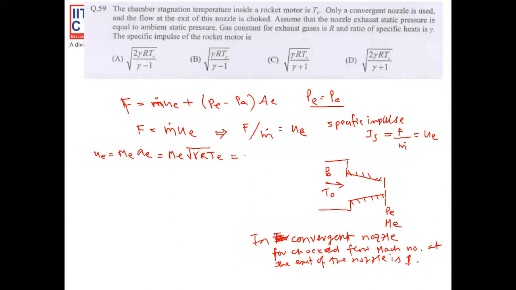So basically the flow is sonic at the exit when the nozzle is choked. So in this question, as the nozzle is choked, ME will be 1 and UE will be root over gamma R TE.